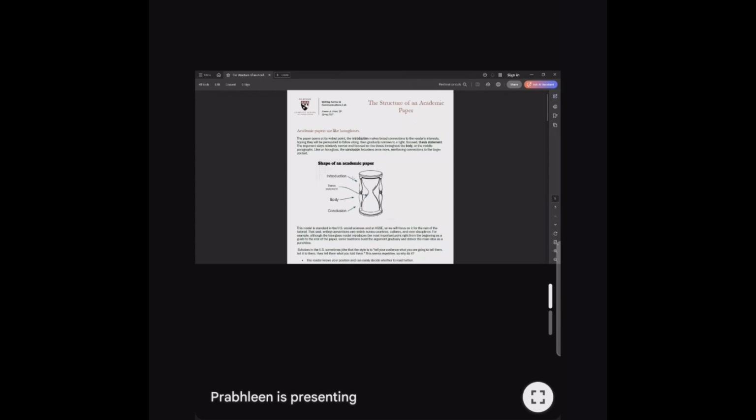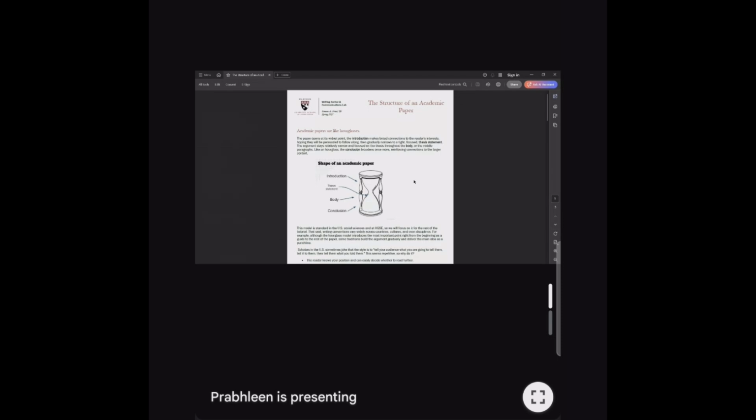As I told you, there are three main parts. One is the introduction of the paper. Basically, here I'm writing what I'm going to study. Suppose when you write an answer in a question paper, what do you do? You start with the question statement, correct? Then you explain your reasoning, and then you conclude your answer.